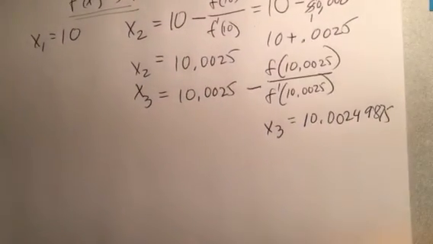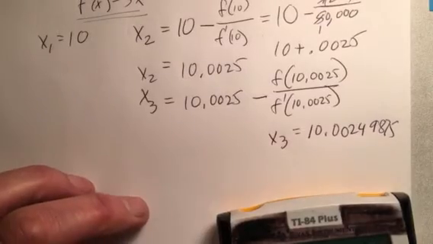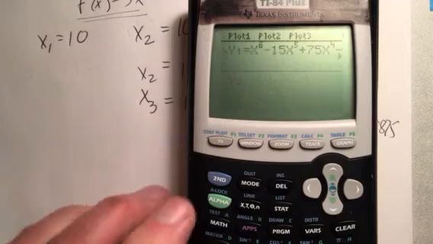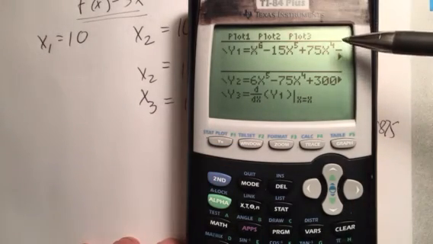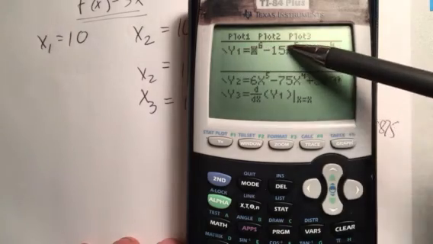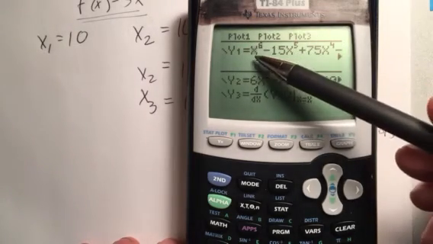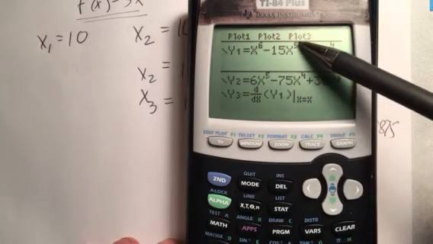It is interesting to note that there's a really handy way to do this on the calculator. So I'm going to show you that right now. If we go to the functions, and it's worth knowing, if you haven't seen this, there's a good video out showing you how you can type in a function, and you can do the derivative in your head and say, oh, that's 6x to the 5th and not minus 75x to the 4th.